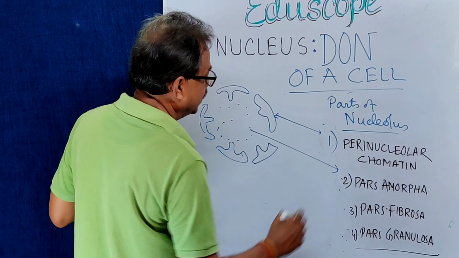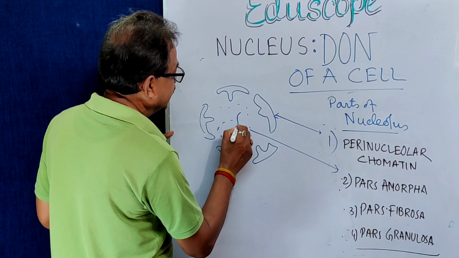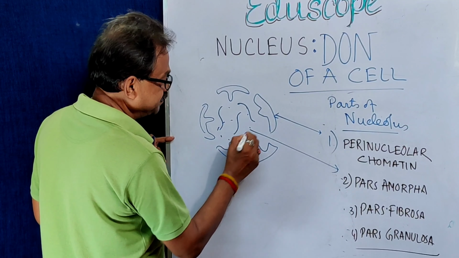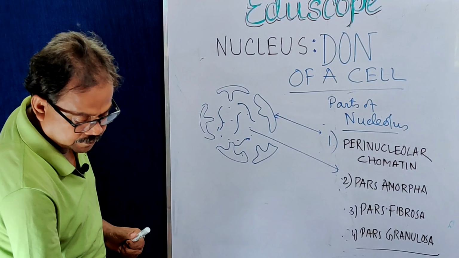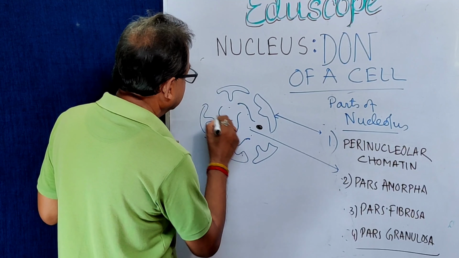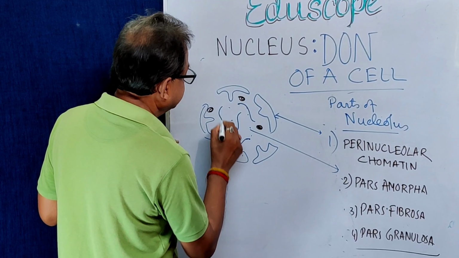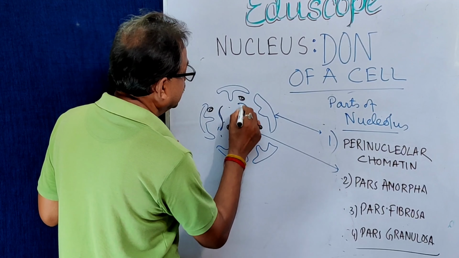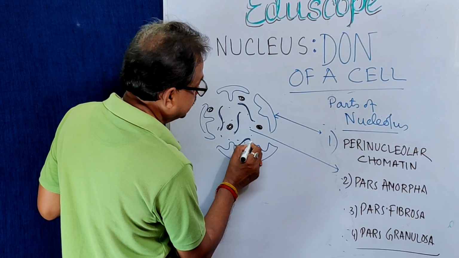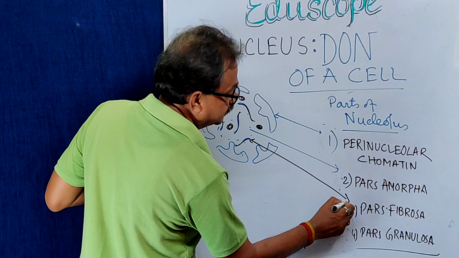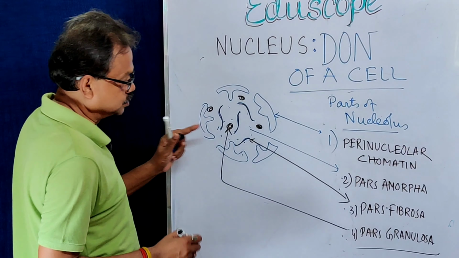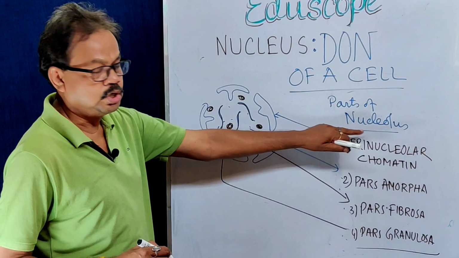Inside the perinucleolar chromatin there are some fibrous, filamentous parts and some granular parts. This filamentous part is called pars fibrosa, and the granular part is the pars granulosa. So these are the parts of the nucleolus.